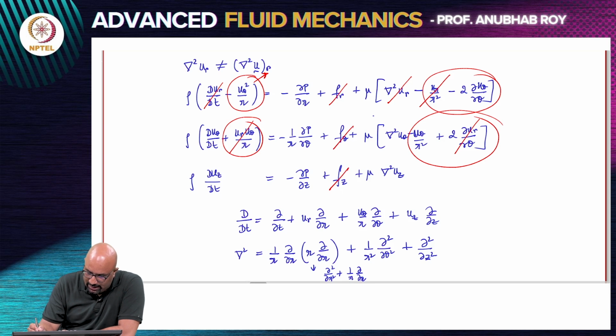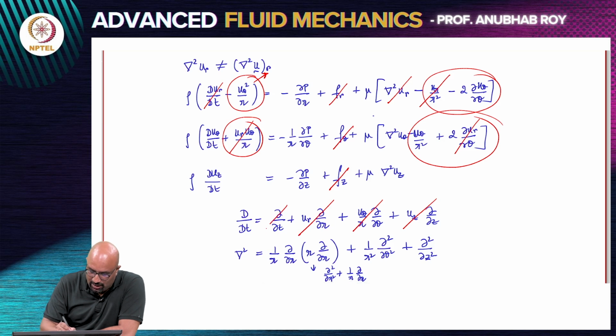Then I go back to my material derivative. I don't have any variation along the flow. I have axisymmetry. I have no radial velocity, and I also have steadiness. So each of these terms are dropping because of various different assumptions.